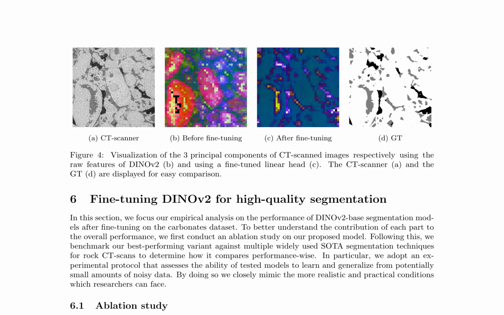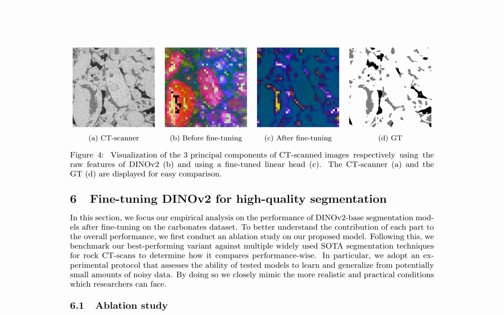The ablation study considers 4 segmentation models based on DINOv2: DINOv2 linear head, DINOv2 linear head FT, DINOv2 conv head, and DINOv2 conv head FT. The DINOv2 linear head model is the same as used for linear probing, providing insights into DINOv2's intrinsic abilities on rock segmentation.